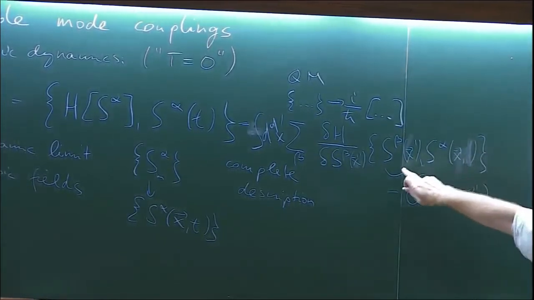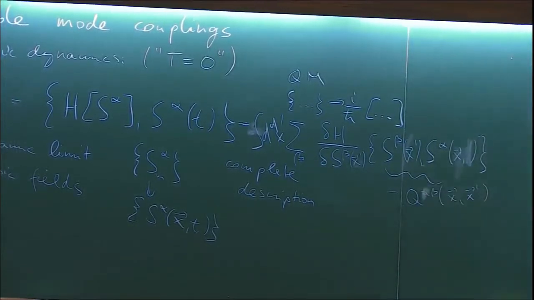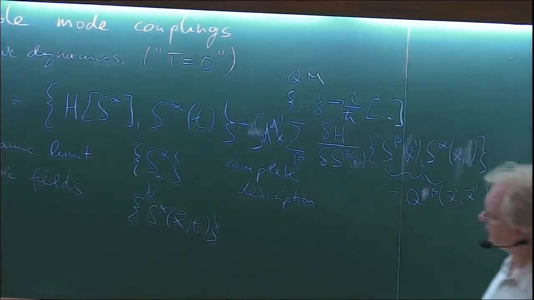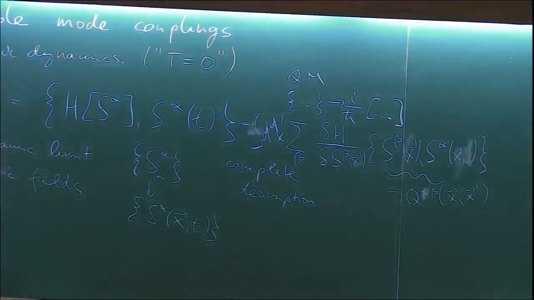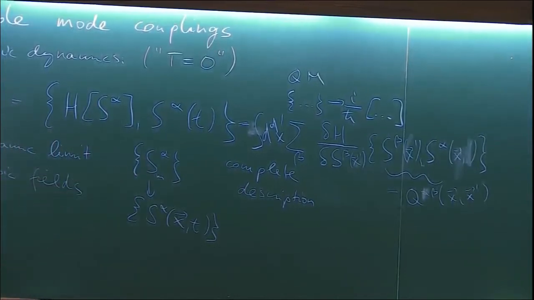If there's a different ordering here, I call it minus Q alpha beta, because these things are antisymmetric. So Poisson brackets are commutators. And then I'm looking at this again, and I would say, well, this is like dS alpha by dt, is some reversible forcing in my dynamics. And I'm just reading off that this term essentially is the reversible forcing.